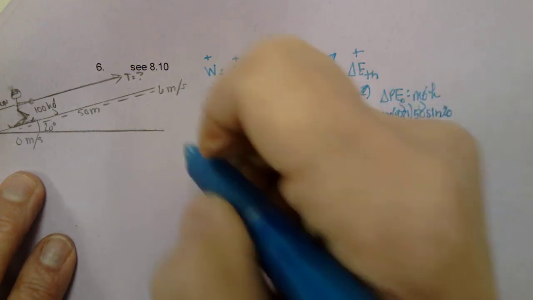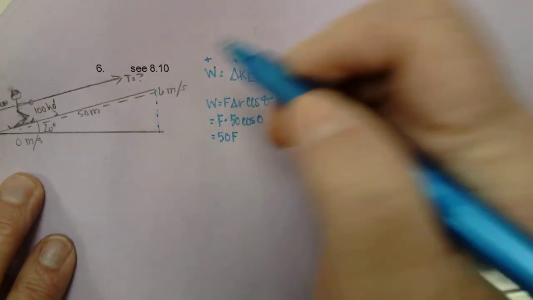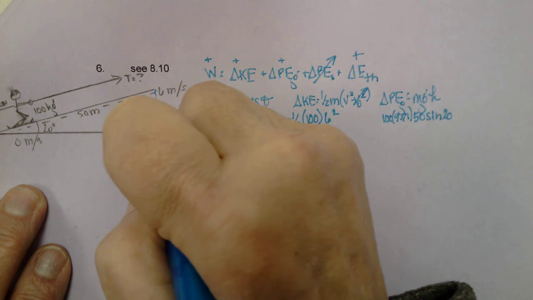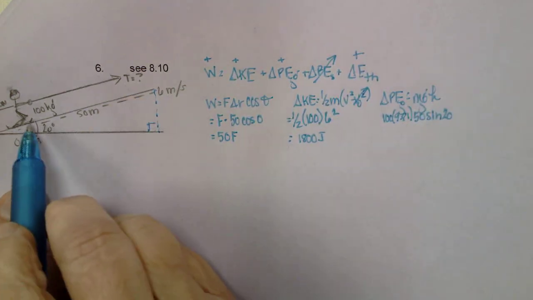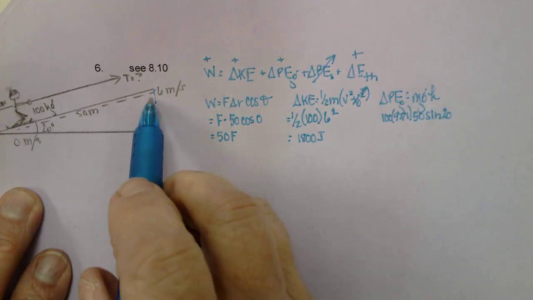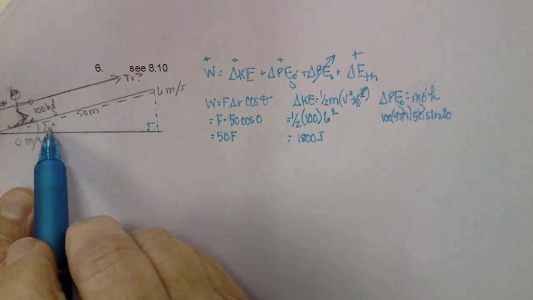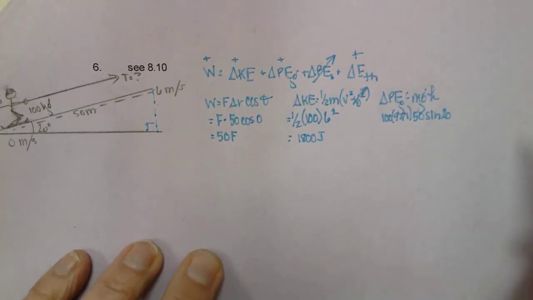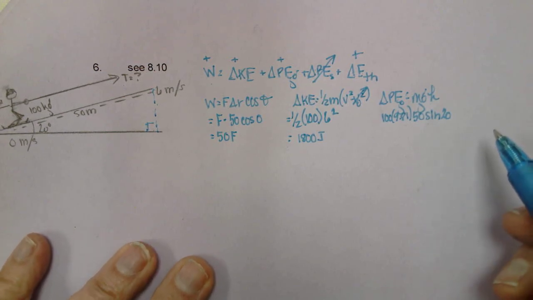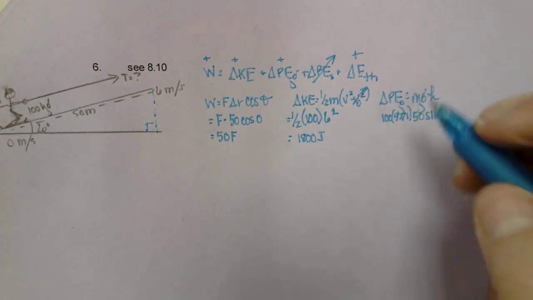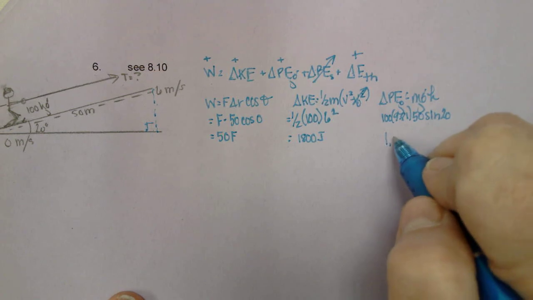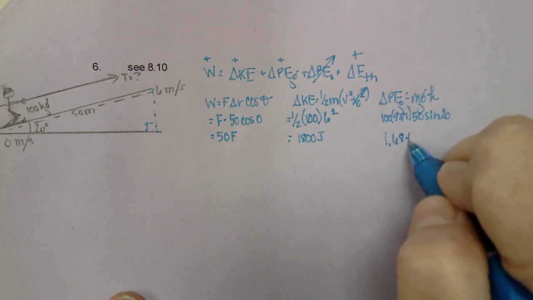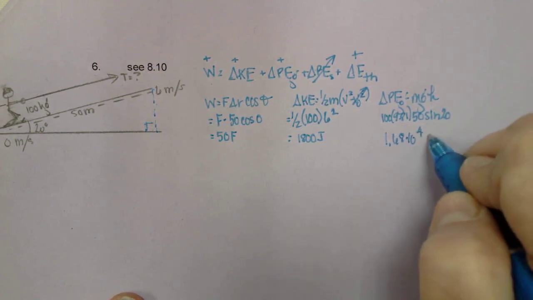Remember that when you're not given the height, then you utilize your trig functions, and my angle is opposite the side I'm looking for, so that's why it's sine, and I know my hypotenuse. That's how I got 50 sine of 20. If you need some more help with those, let me know. This ends up being 1.68 times 10 to the 4th joules.